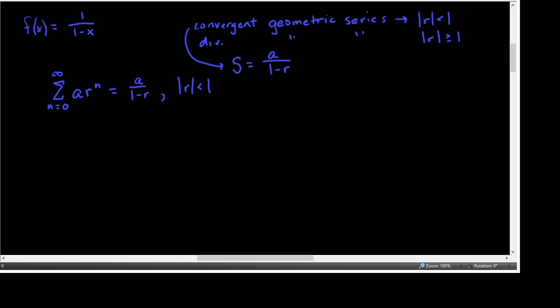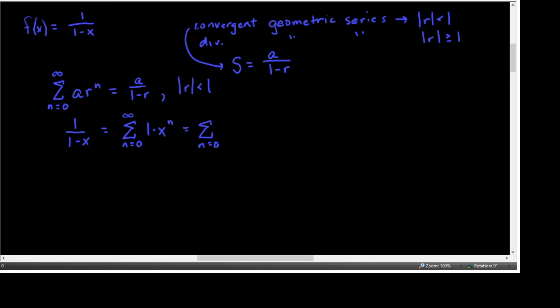So if we think of our function 1 over 1 minus x, where I let a equal 1 and r equal x, we could write a power series representation for this by thinking of it as a geometric one where a is 1 and r is x, which of course 1 times anything is just that thing.